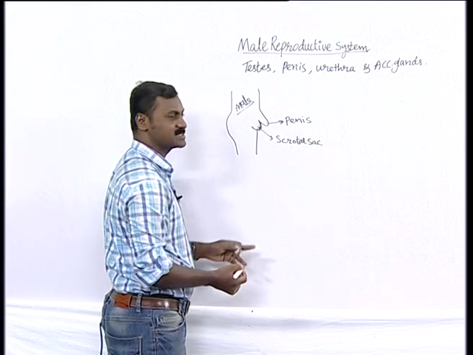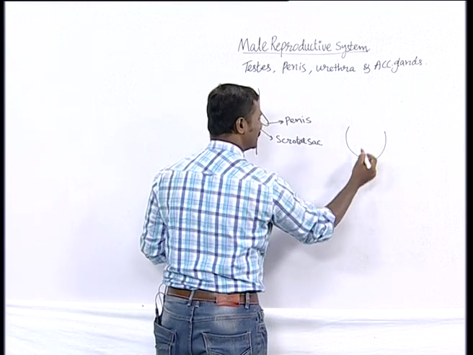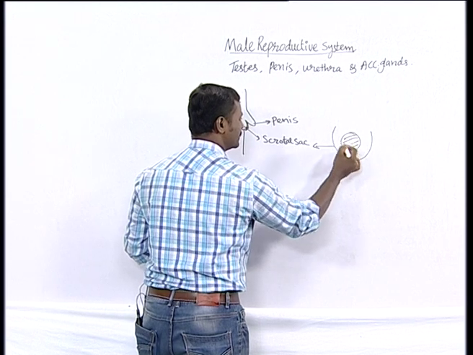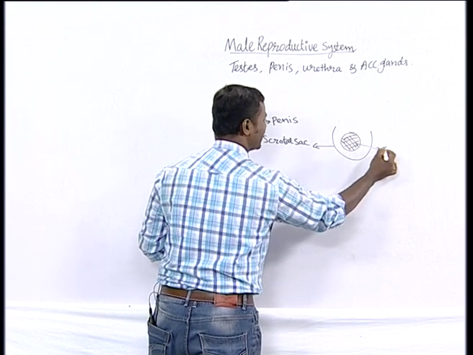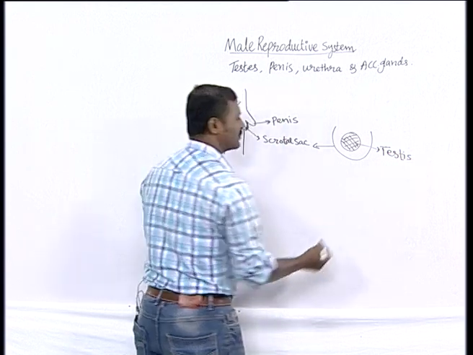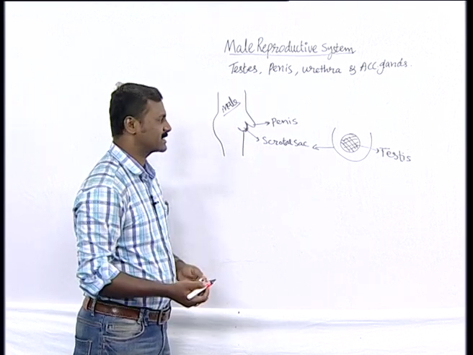In the scrotal sac, testes are present. In a male animal, in this scrotal sac we can see the ball-like structure called testis. One pair of testes is located in the scrotal sacs.